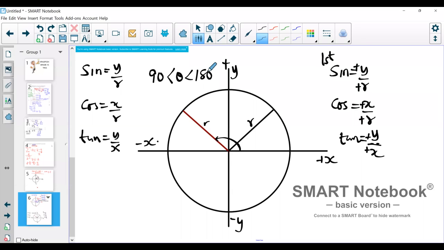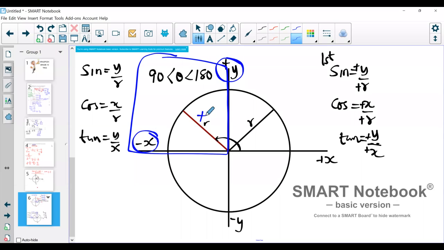So please focus on this side. I want you to focus on this block now. In this block, is it okay to say that my x is negative? Is it okay to say my y is still positive? And my r will forever be positive. So what is sine? Plus y over plus r.